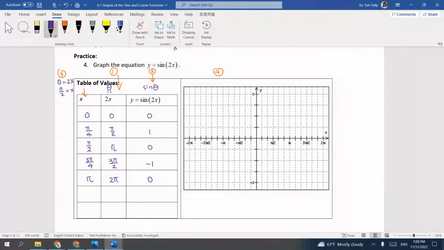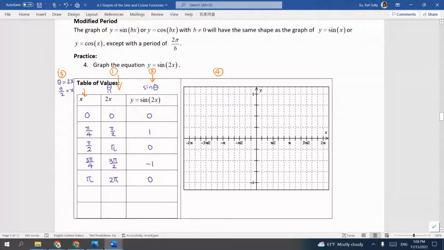So now you see, when you plug in the points, you're looking at the x column and the y column. Right, everybody? So x is 0, y is 0. And then next, we have pi over 4. You know pi over 4 is half of pi over 2?